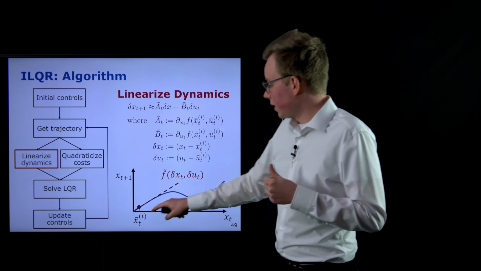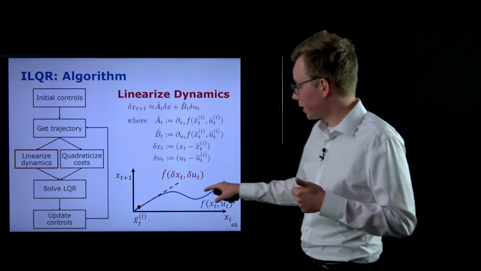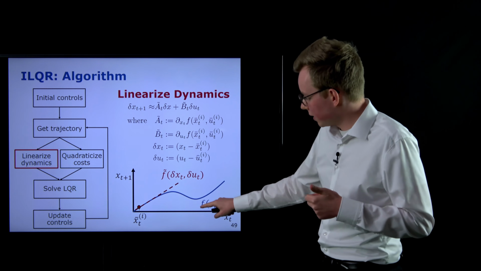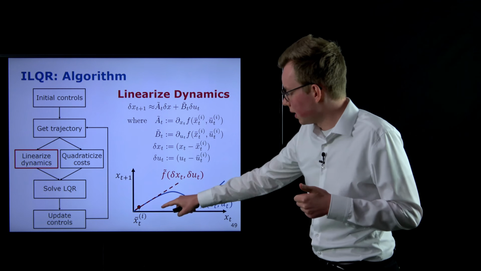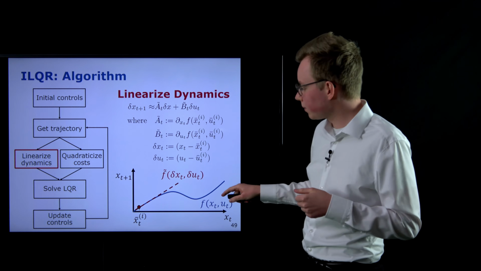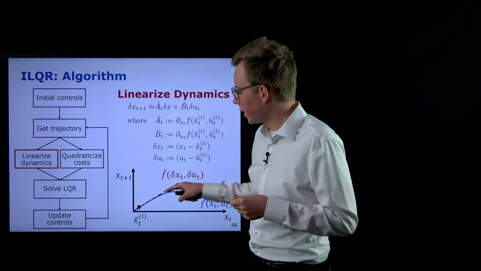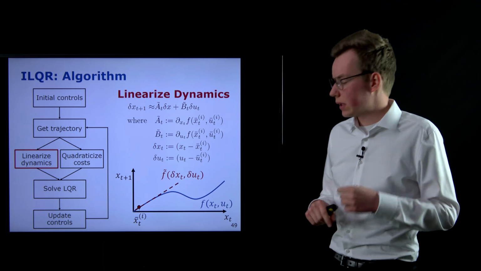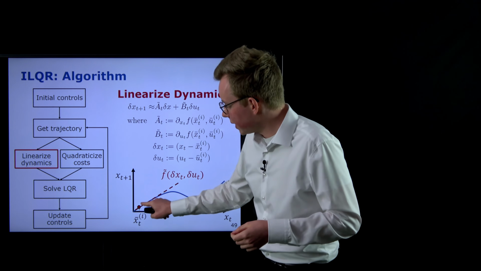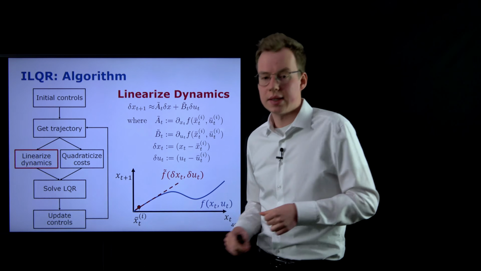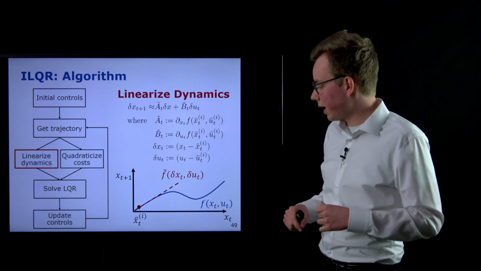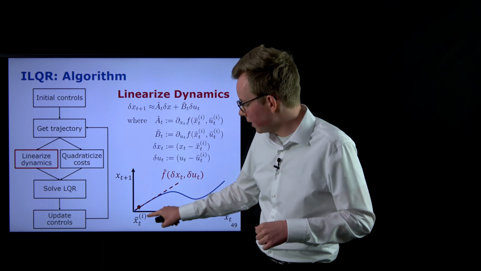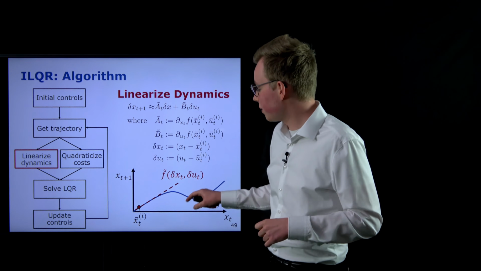And now, if this was the original, potentially nonlinear dynamics, so here these blue dynamics, we can locally approximate these dynamics with a Taylor series expansion to first order. And so this is the operating point, which is the simulated state that we are at at that time, and at this iteration of the algorithm.